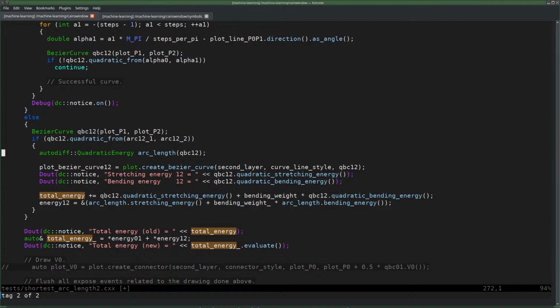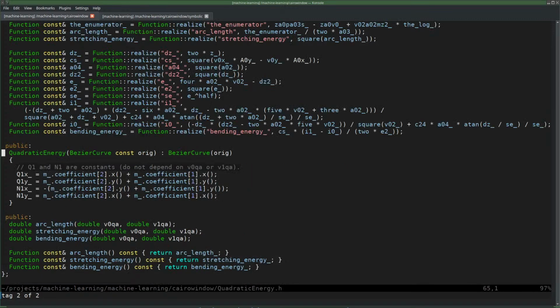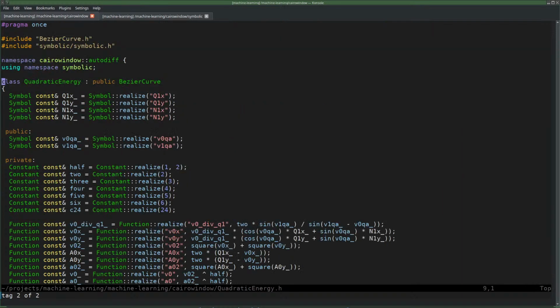It's just not working. It's definitely not working. It's not working because this one has symbols with the same name as the other one. And the symbols, they are looked up, I think. They are hashed by their name.